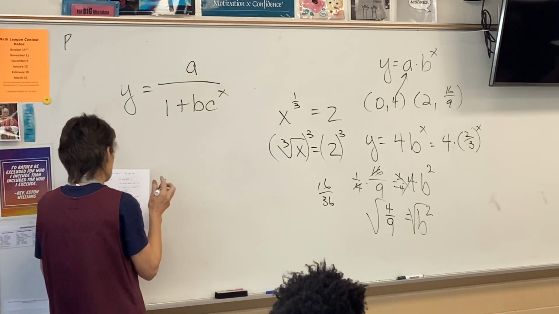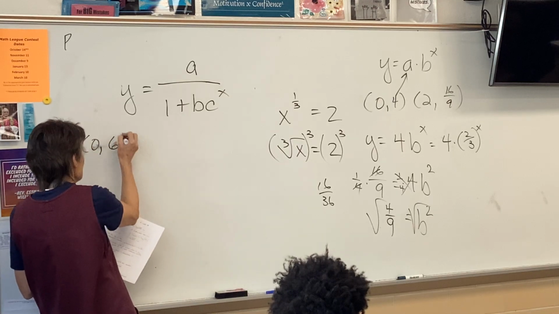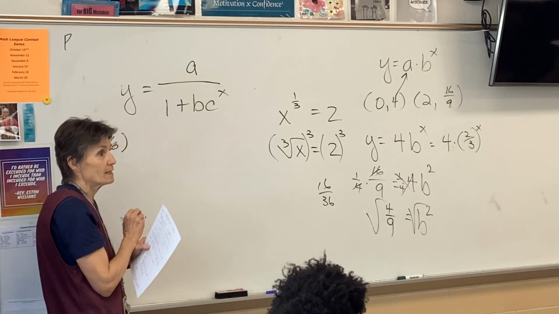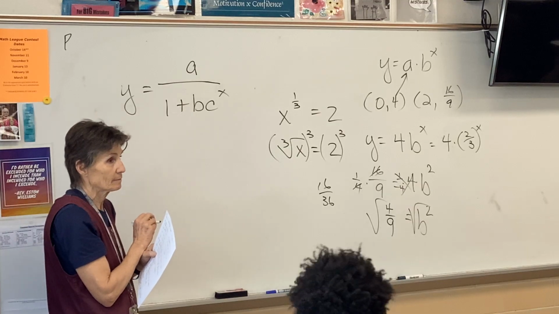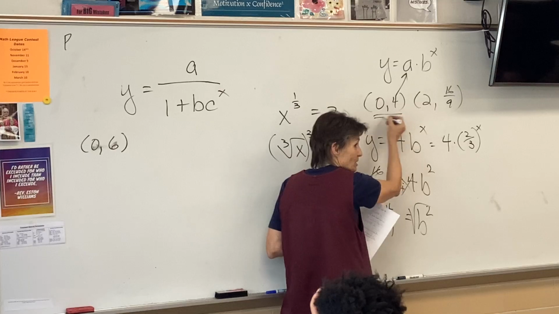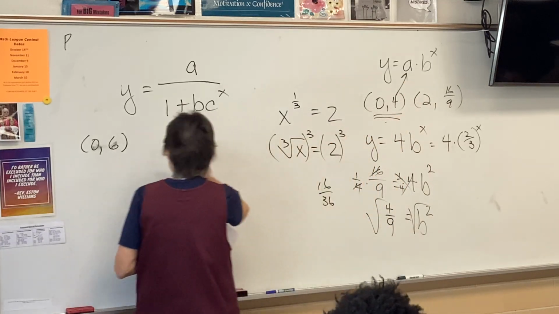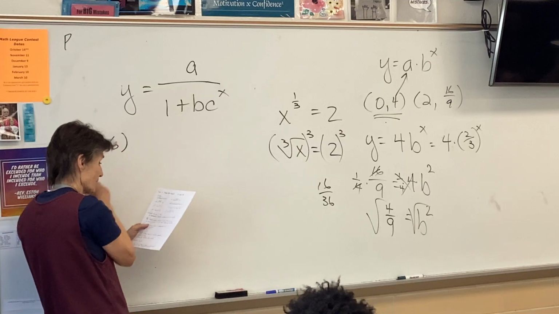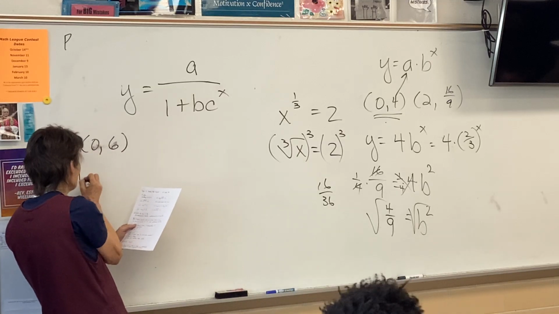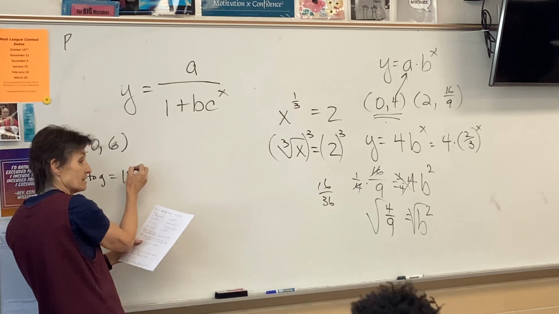Okay, now what do we know? We know we have an initial value of 6. Now remember, an initial value is a y-intercept. So this is my point, (0, 6). I have a limit to growth of 18.